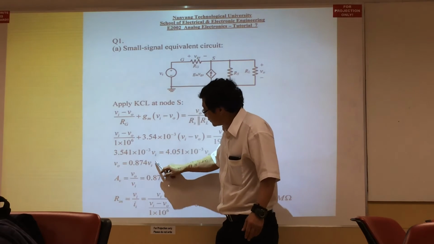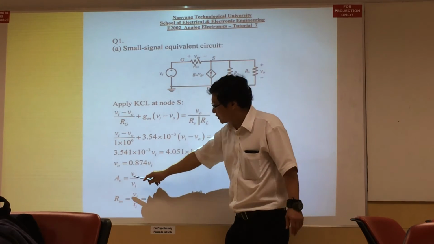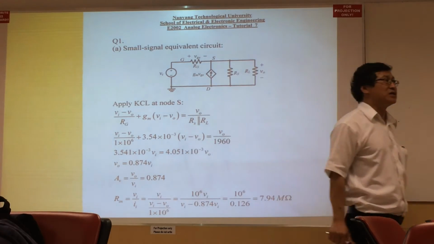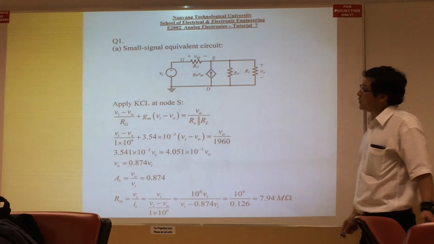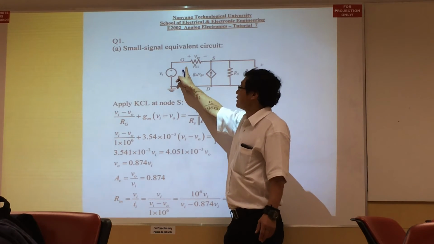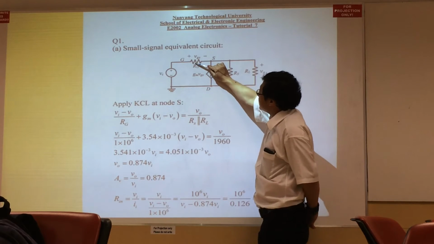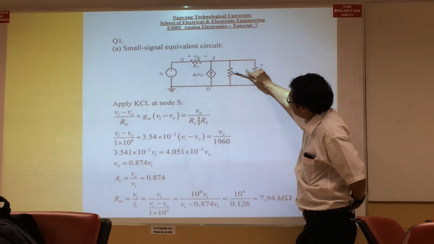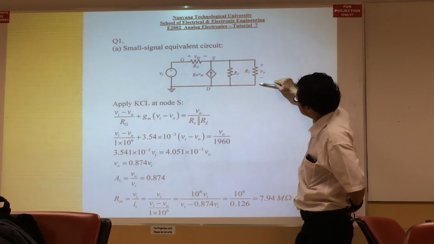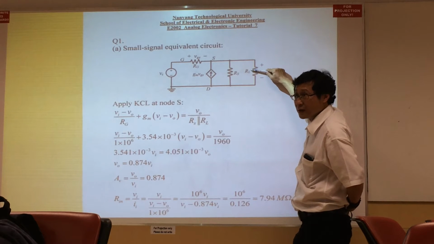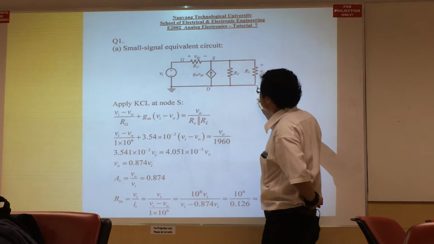You find Vout related to Vin is this value, and therefore the overall gain from input to output is AV, which is slightly smaller than 1, 0.874. To find the input resistance looking in from the gate: this is 1 megohm, this is 2K, and this here is much bigger, I think 100K.